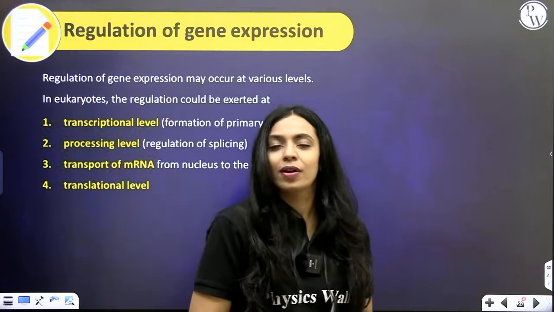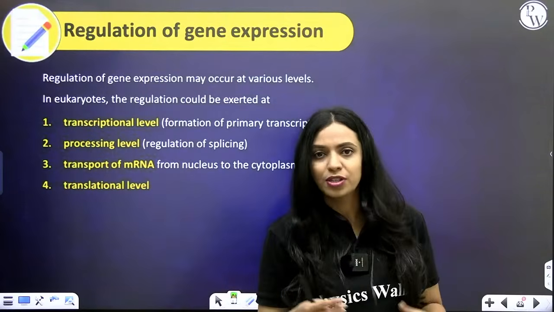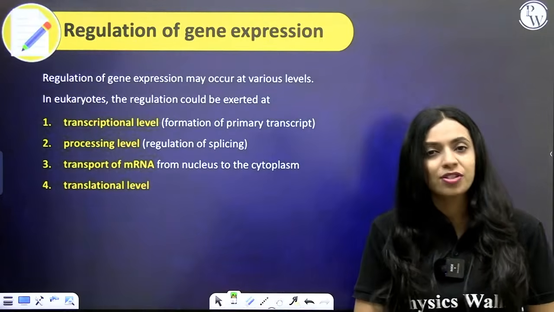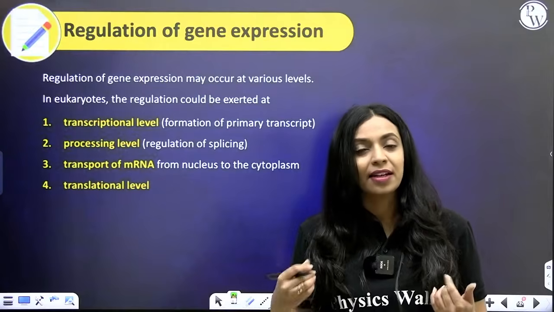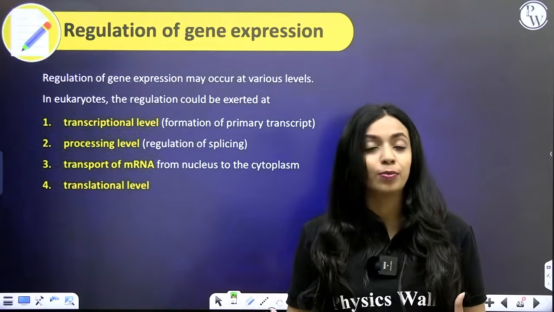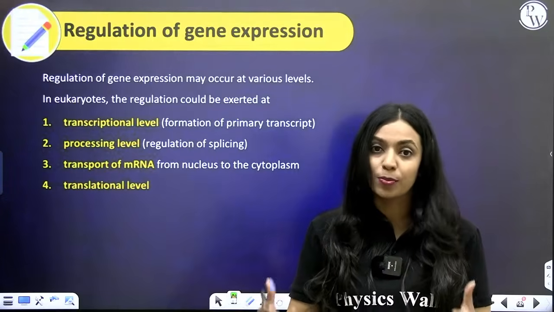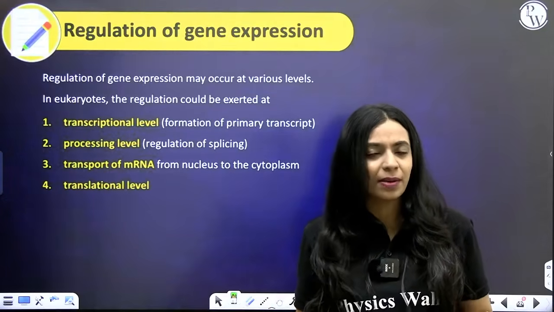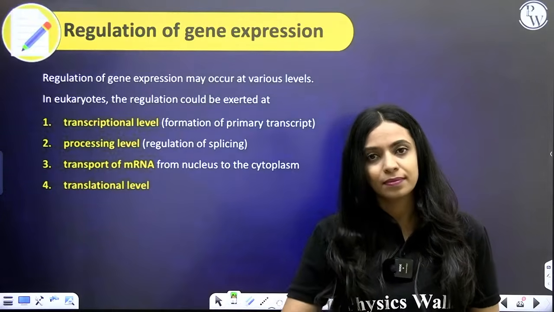You know that our cells have a lot of DNA, and in many segments of DNA there is information for the synthesis of polypeptides. But it's not necessary that we need all the polypeptides all the time. There are some enzymes, certain proteins that are constantly required by the cells, and there are certain enzymes or proteins that are not required at all times and are required only now and then based on the requirement of the cell.